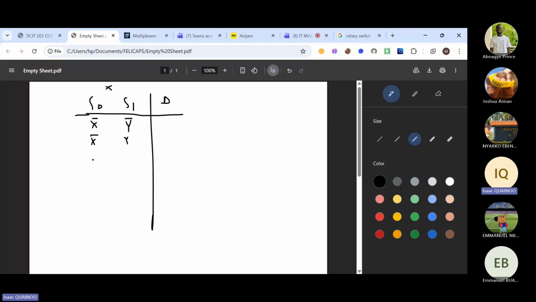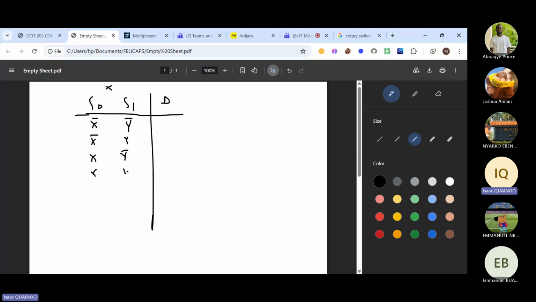And then 1, 0, we have X, Y prime. And then last one, we have 1, 1.